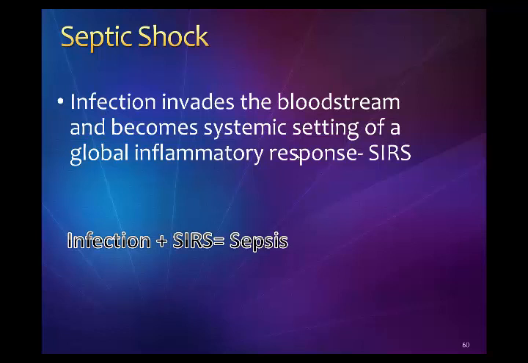So in septic shock, we have a scenario where a patient has some type of blood infection, or some type of infection that seeds into the bloodstream, and with that comes a systemic inflammatory response.